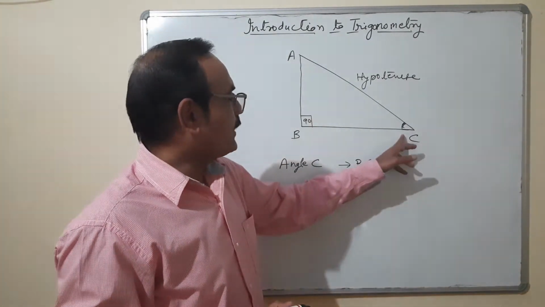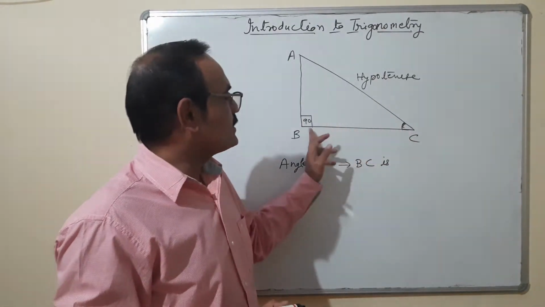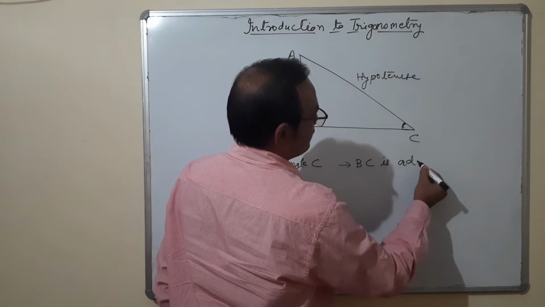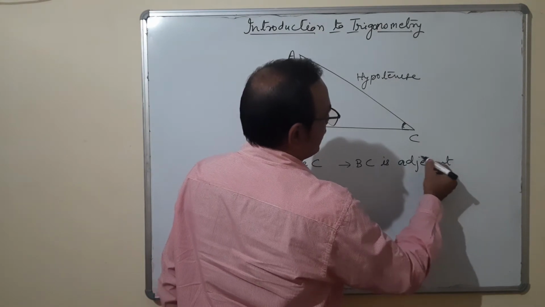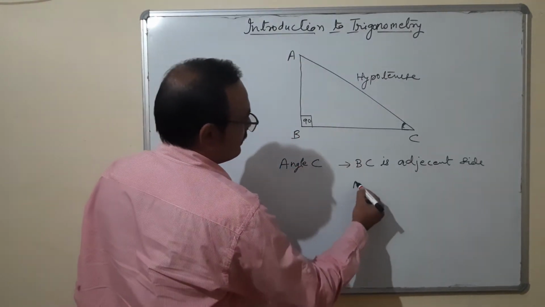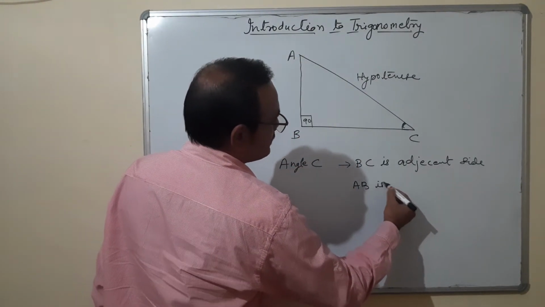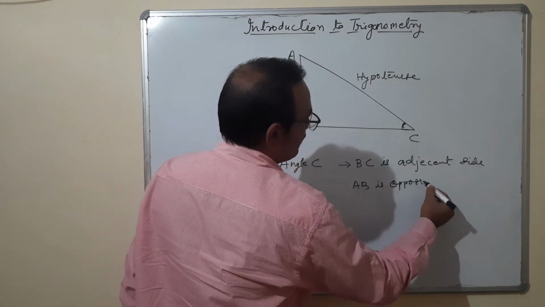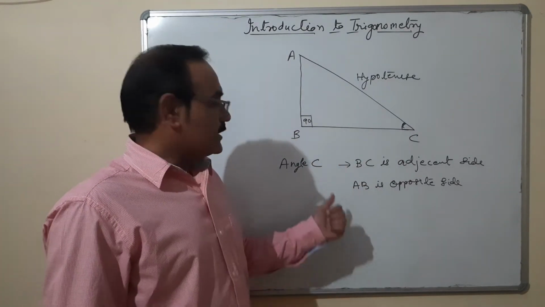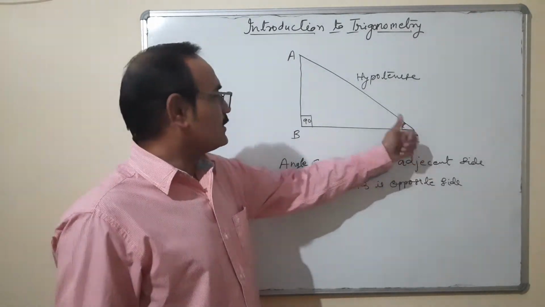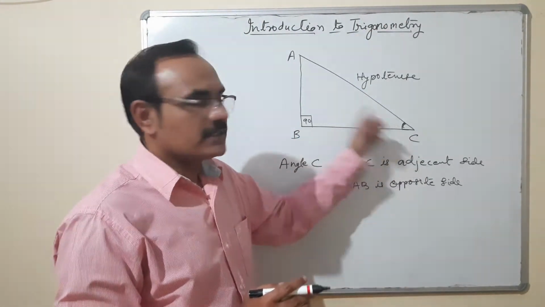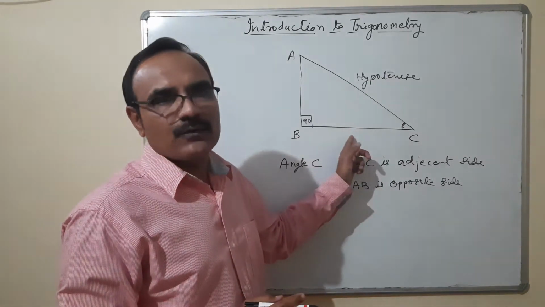If we are taking angle C, then with angle C, this side is considered as the adjacent side. And this AB is the opposite side. With respect to angle C, this is the opposite side, that means the side which is coming just in front of angle C. And the adjacent side, what does it mean?